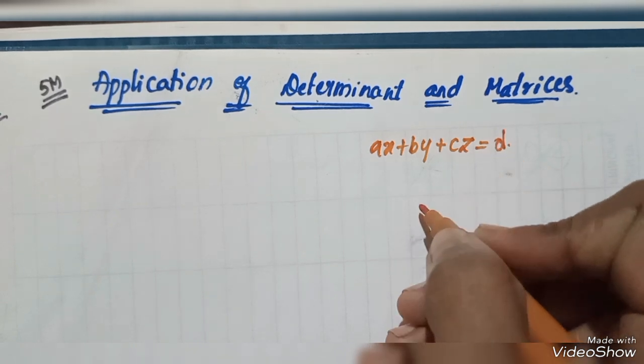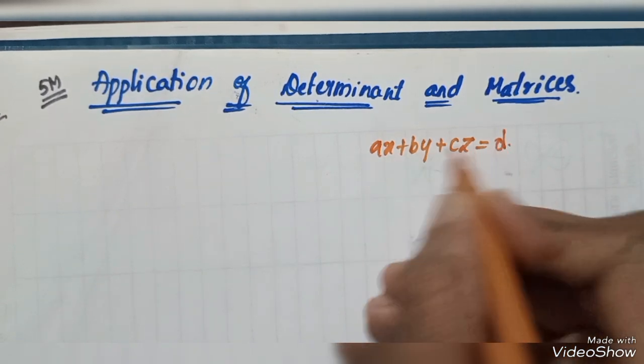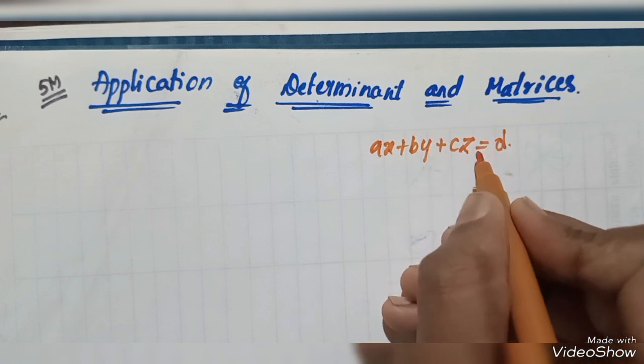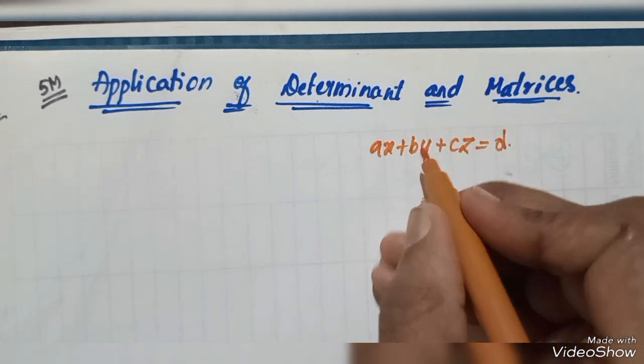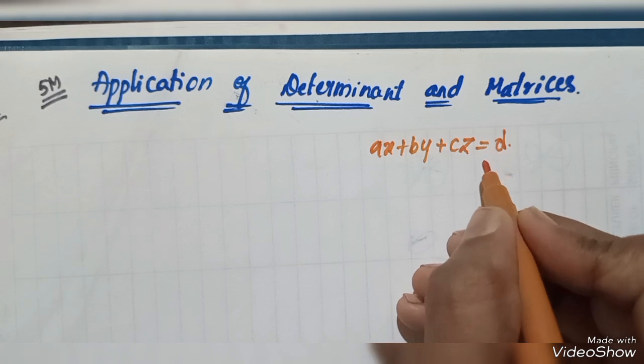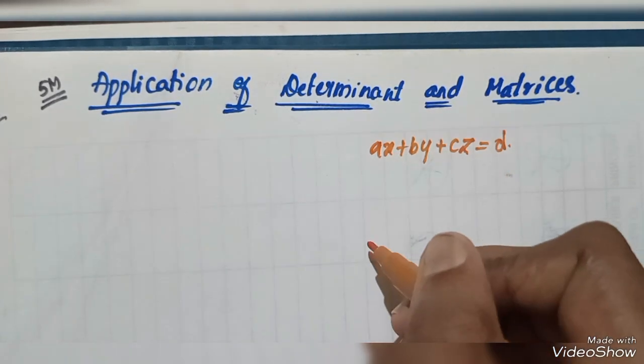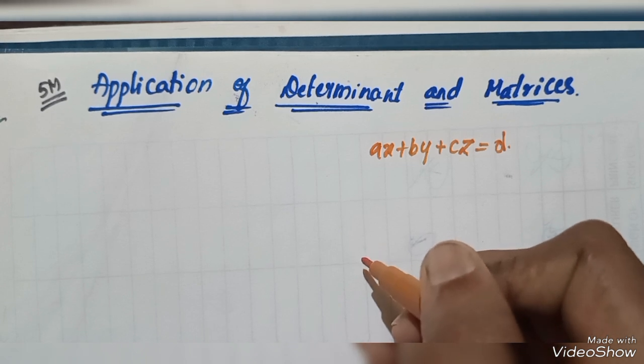I have considered this type of equation because the variables x, y, z have power 1. This type of equation is called a linear equation. Here there are 3 variables x, y and z.